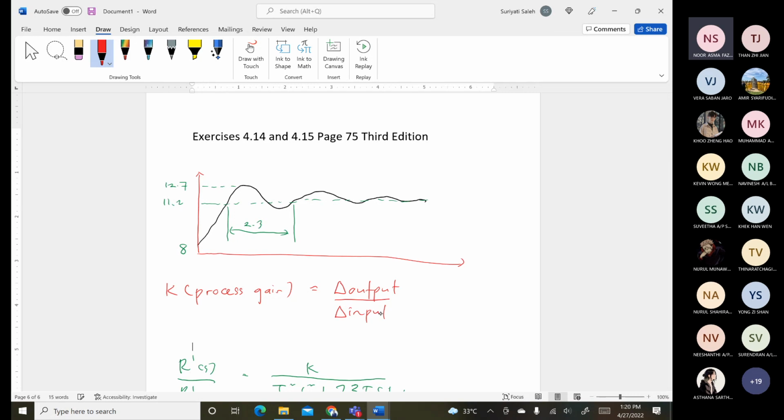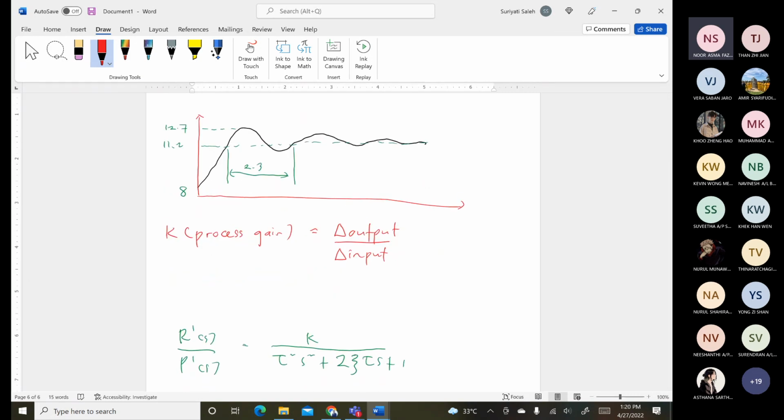This is the standard formula for obtaining the value of process gain in the second order or the first order. It's the same thing. First order, second order, the K will be calculated using delta output divided by delta input.